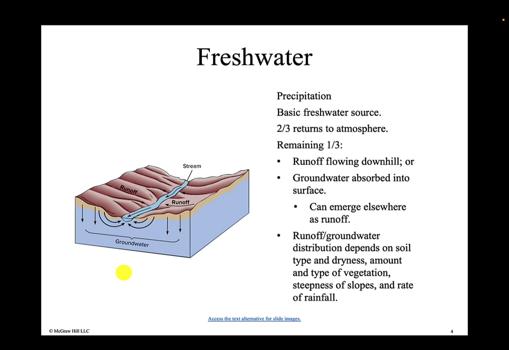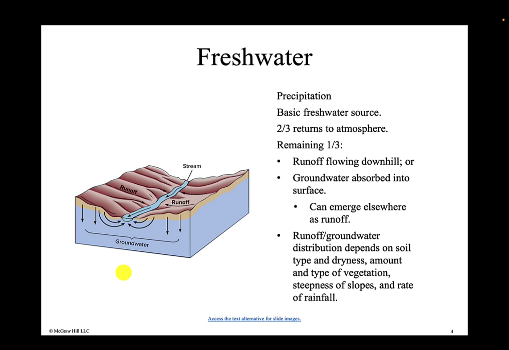Okay, some of the water, like I said, is returned to the ocean, and some of the water that precipitates on land goes back to the atmosphere. So even of the fresh water that is available, only a portion ends up staying on Earth's surface.